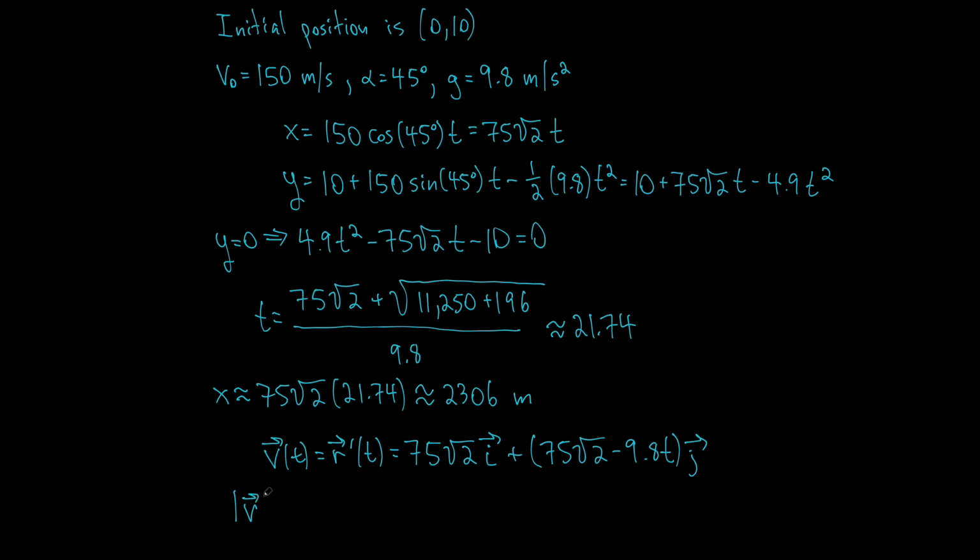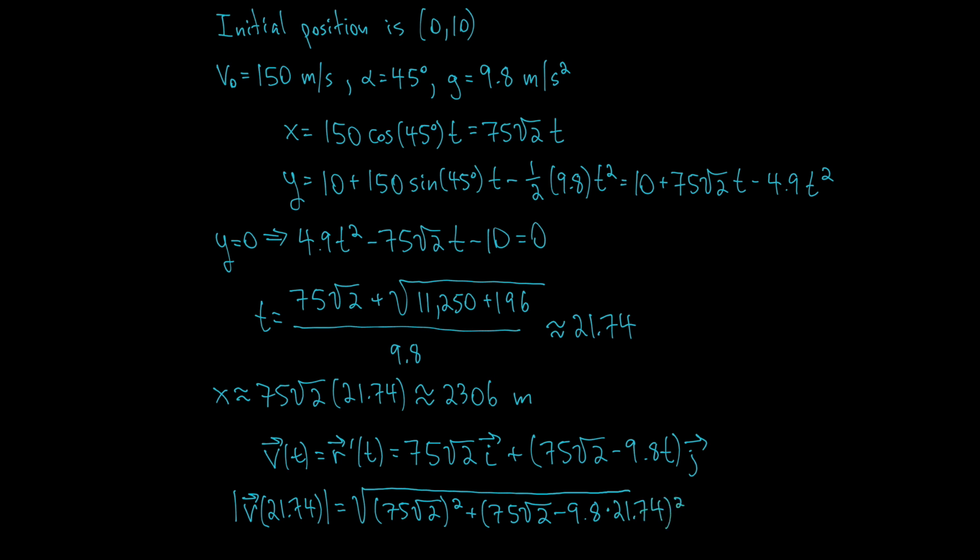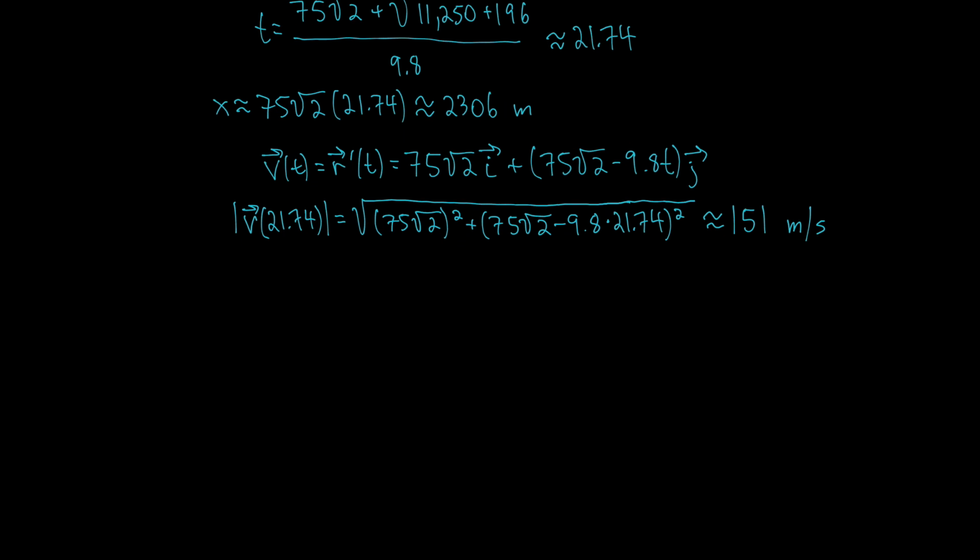The length of this vector is, well, we'll also take it at 21.74, and the length of this vector is just going to be our speed at 21.74, so that's 75√2 squared plus 75√2 minus 9.8 times 21.74, and then square that, and that ends up being about 151 meters per second. So that's our terminal speed.